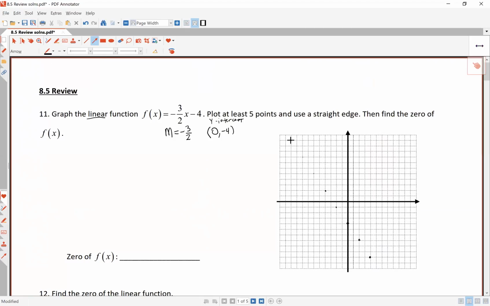And connecting our dots with a straight edge, there's the graph of our function.